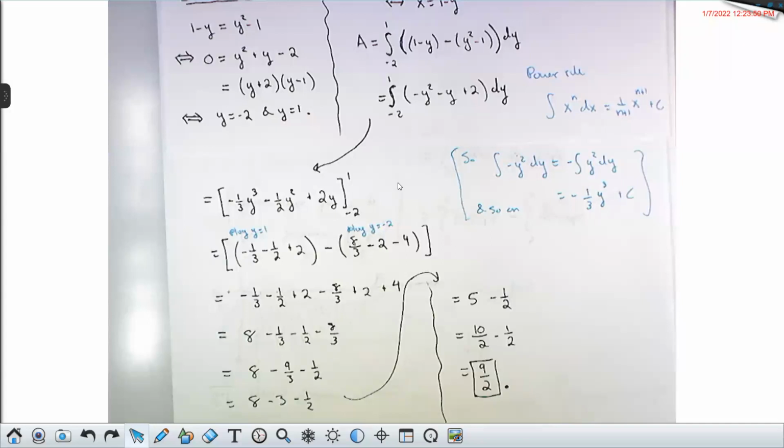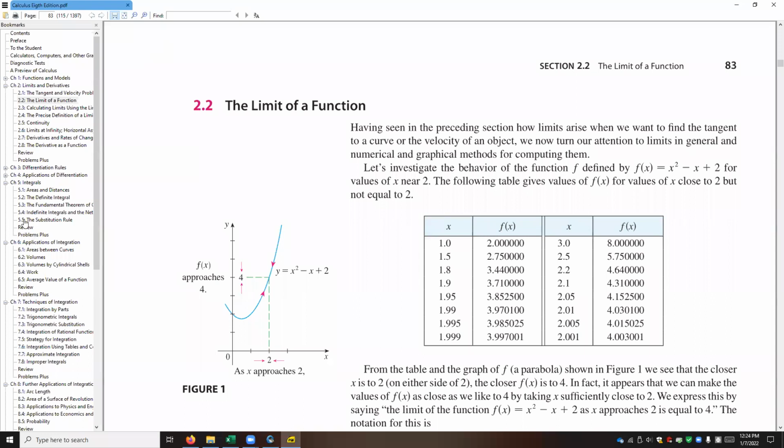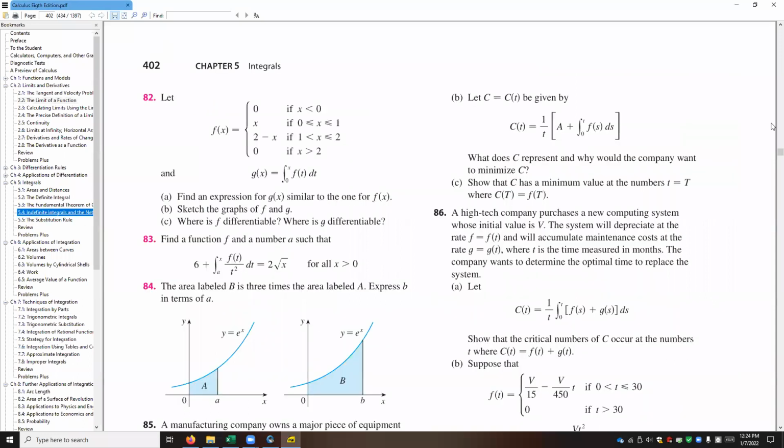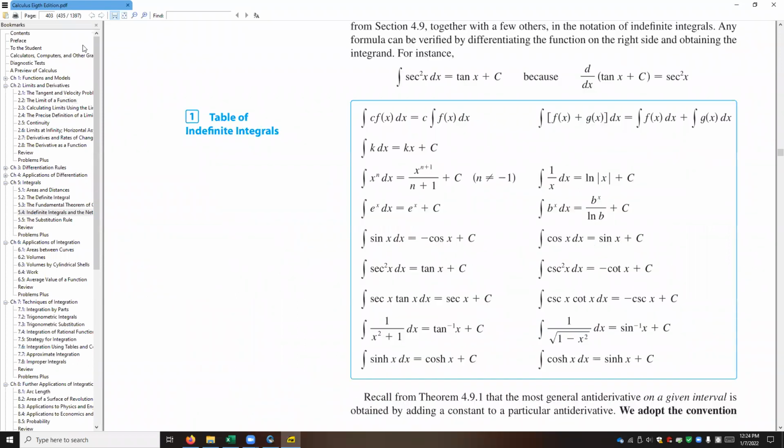If you're wondering, there is both in the review section of the modules and the textbook a collection of integrals that you should be comfy with. It's in chapter 5, I think, here. Right here. So in the textbook on page 403, these are the basic rules for integration that you need to know. You need to know these cold. These should all be things that come to you immediately. And the power rule is right here. Now this works as long as n's not -1. If you're integrating x to the -1, that's the integral of 1 over x, which we know is the natural log function.